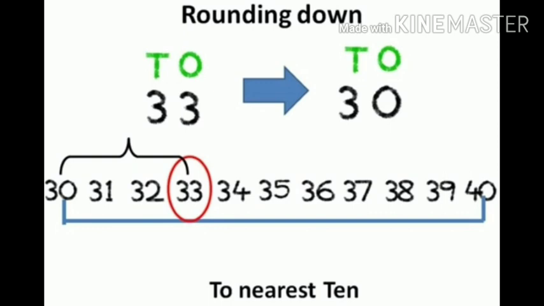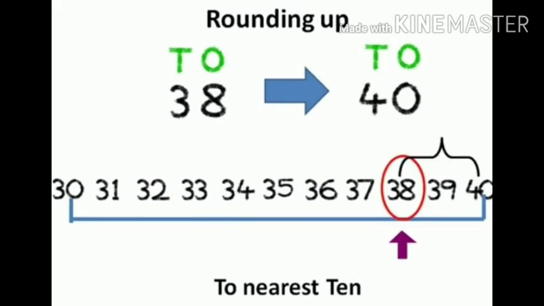When the ones digit is 4 or less, we round down, meaning the tens digit remains unchanged and the ones digit becomes 0. For example, in case of 33, the ones digit is 3, which is less than 4. So, 33 is rounded to 30, its nearest 10.